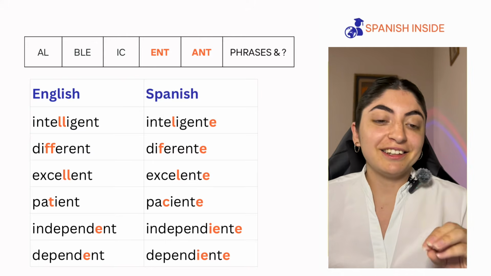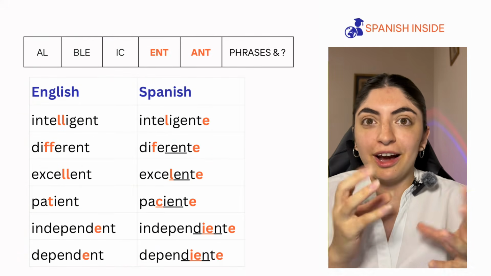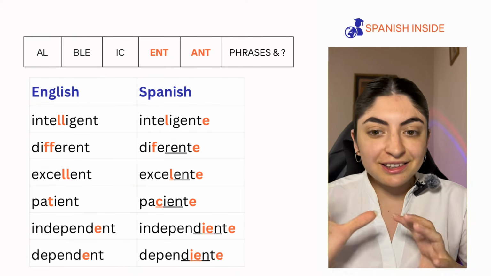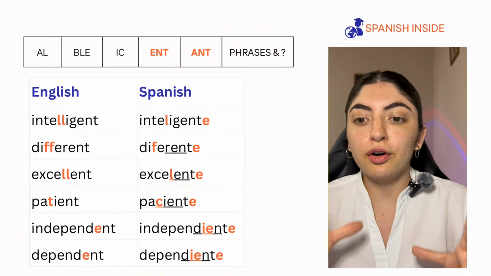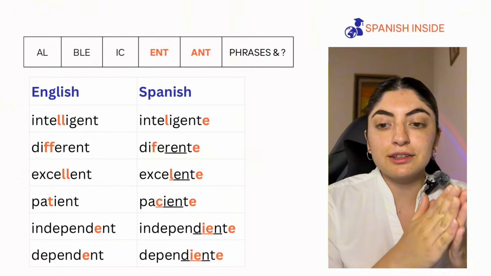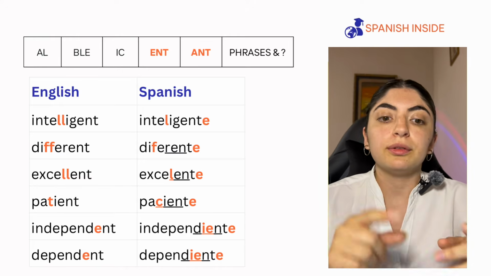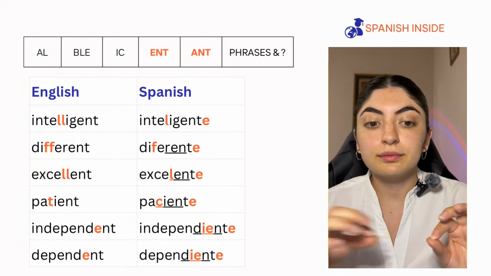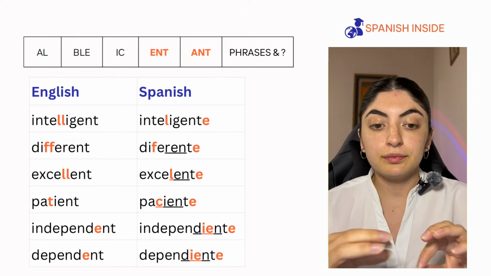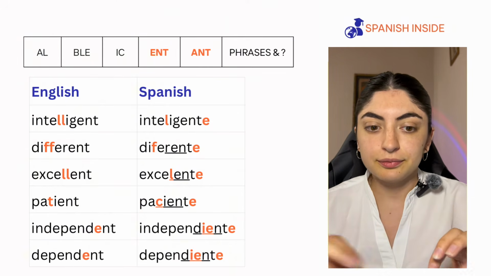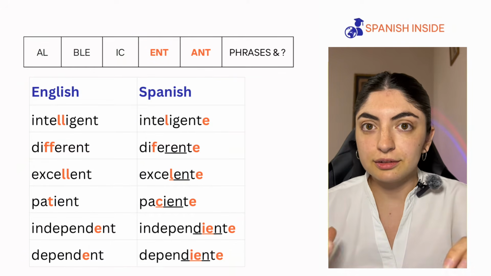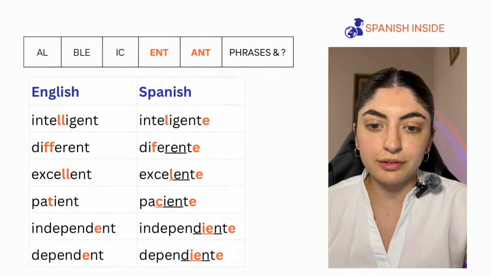Words that end in "ent" or "ant" are accented or stressed on the next to the last syllable. For example, inteligente, diferente, excelente, paciente. Okay, here you have it.